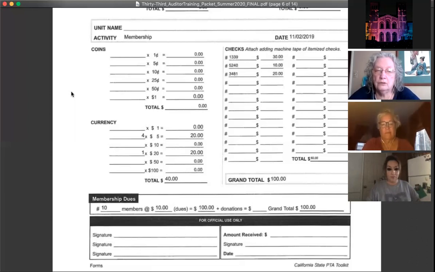Ordinarily, it's not an issue if you have financial software, and it's input correctly, but I've seen it with smaller units that use Excel or still do their books manually. They may make that error, so you want to make sure that all the cash verification forms are reflected correctly on the treasury report, which is what we're going to look at in a bit. Okay.